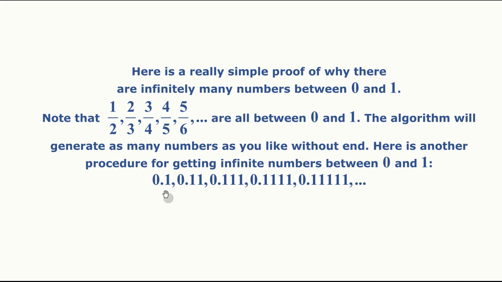All these numbers are basically between 0.1 and 0.2, all right, including 0.1 and 0.2. But there are infinitely many numbers just between those two numbers. So there's no shortage of real numbers, right?